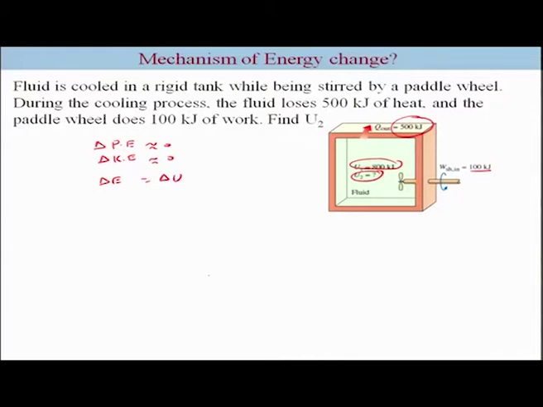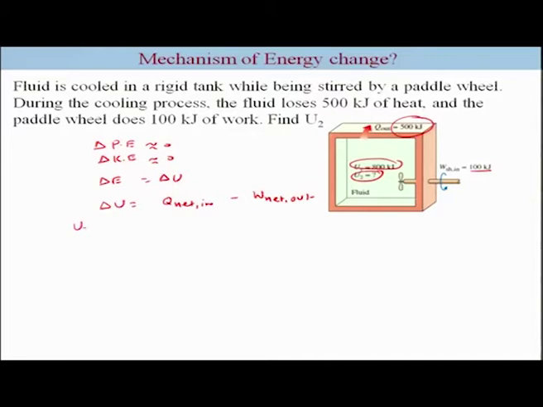So with this we can use two ways to solve this problem. One, considering sign convention, which says that delta U is nothing but Q net in minus W net out.